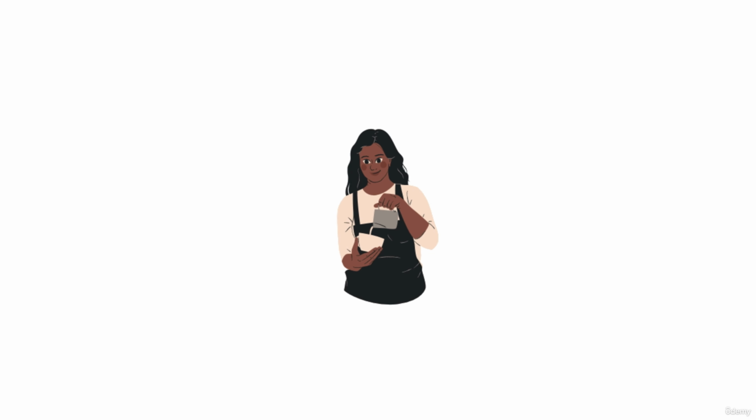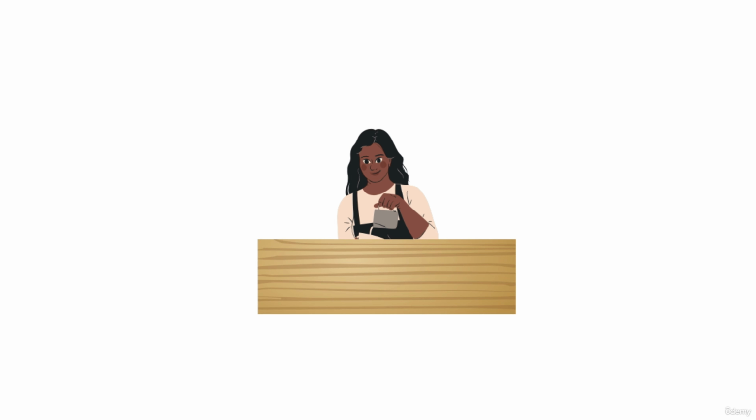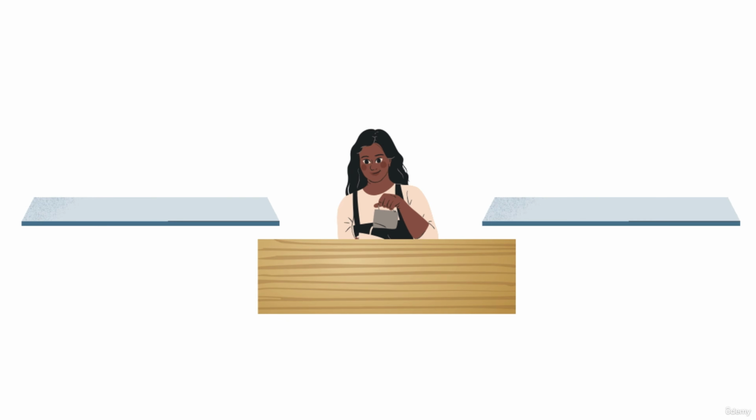Now, to help you understand the difference between lists and dictionaries better, I want to make an example from the physical world. Let's suppose we are in this cafe and the barista has these 2 shelves on the left and on the right. On the left, the barista has a series of jars of different sizes, glass jars, and they all have sugar. Some jars have more, some others have less.